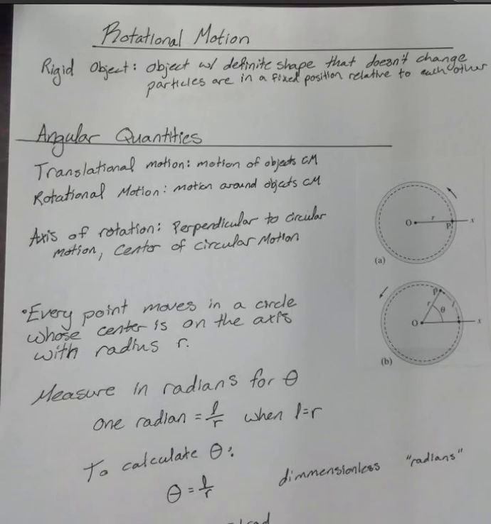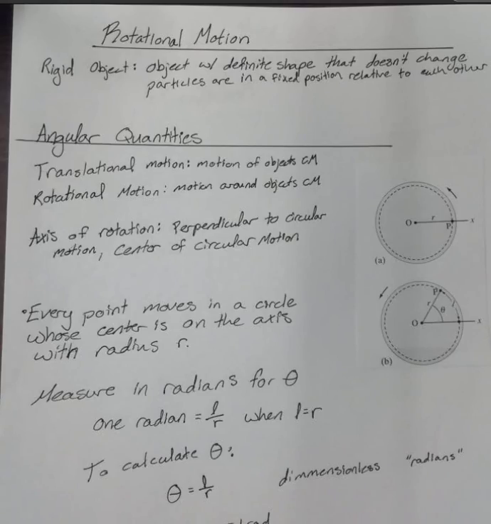We've studied the kinematics, we've studied the dynamics, which is all of the forces, and we've studied the energy and momentum and the conserved quantities associated with translational motion. But now we're going to look at rotational motion, and we're going to do the exact same thing for rotational motion that we did for translational motion.